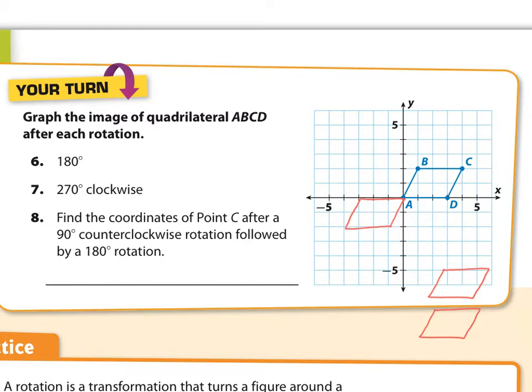Okay. Number 7 is 270 degrees clockwise. So here is my image here, and 270 degrees clockwise is going to be going, oh, and I don't want this one to be moving. So let's stop this one from moving.